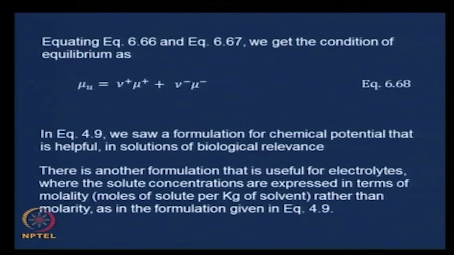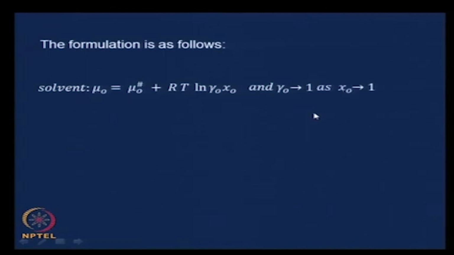And if we use this formulation, then we get for the solvent mu naught equals mu naught hash plus RT ln gamma naught x naught, and of course gamma naught tends to 1 as x naught tends to 1, and for the solute we have mu i equals mu i triangle, if you want to call it that.